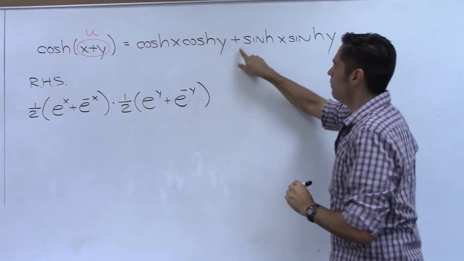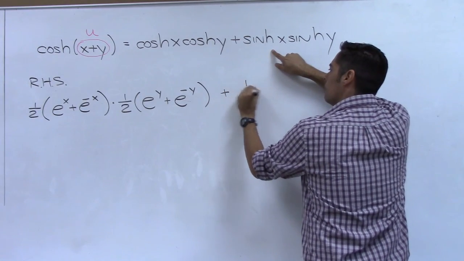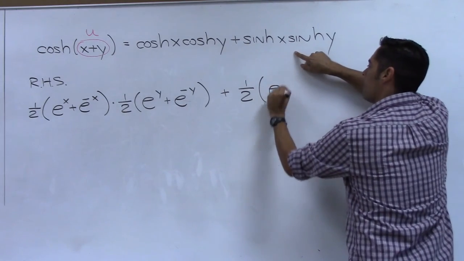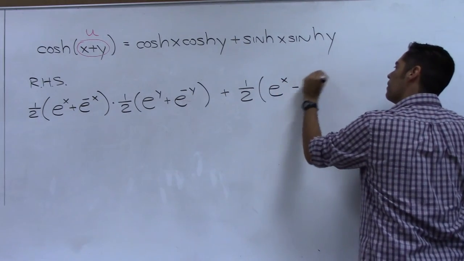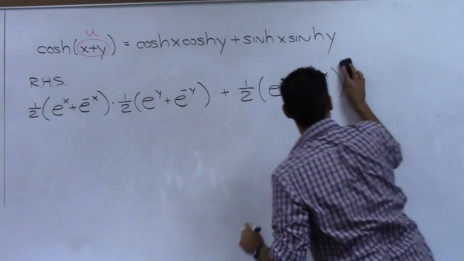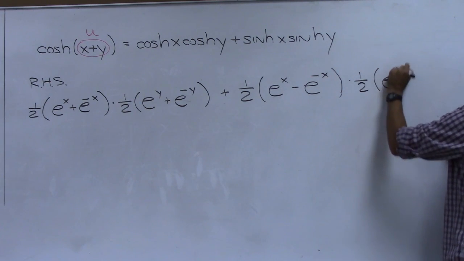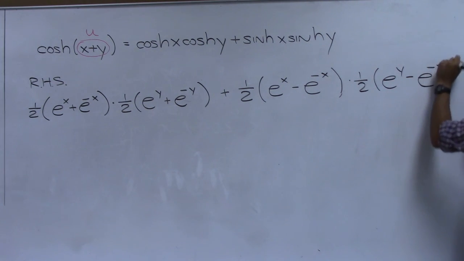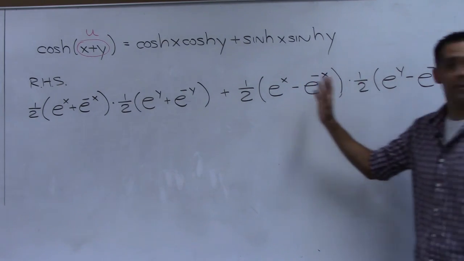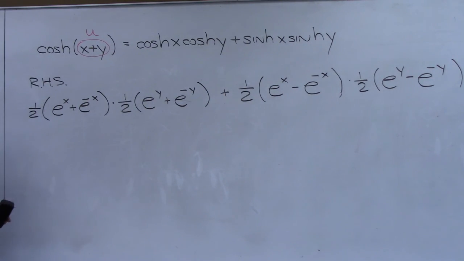And you're adding to that 1/2 times e to the x minus e to the negative x, multiplying that by 1/2 times e to the y minus e to the negative y. Anybody have any questions? It's just rewriting the formula for each one of these 4 pieces, right? And making sure we get the additions in the right places.